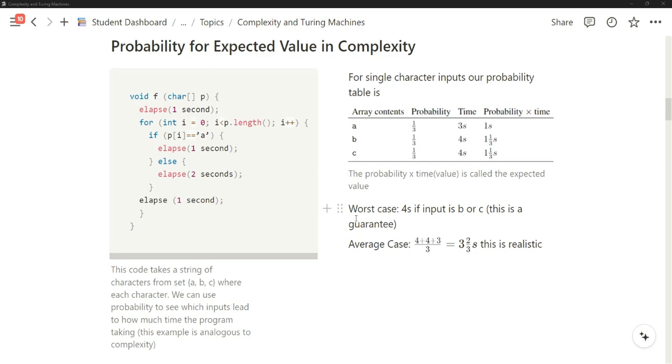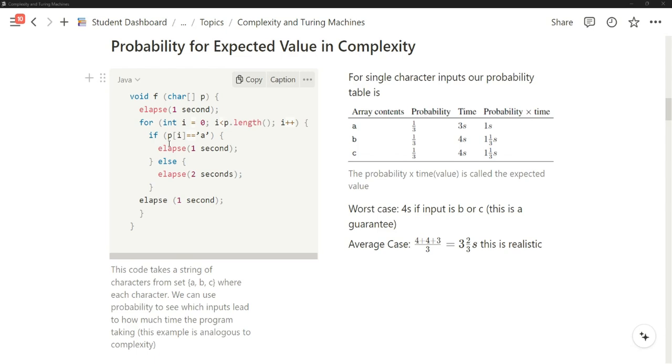Okay, cool. So with all those defined, this one's in terms of time rather than complexity, but it's basically analogous. It represents the same thing. So here's a program written in Java. It takes an input, which is a list of characters, and first it waits 1 second. Then, with a for loop, it goes through the characters.